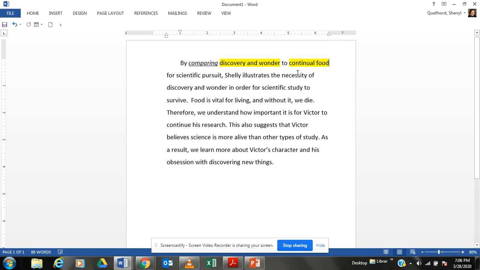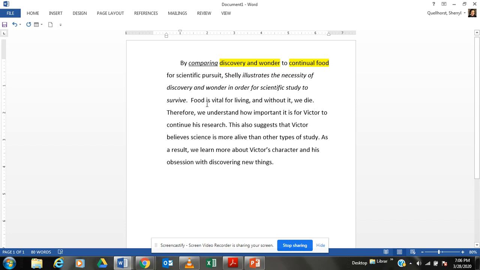You have to list those two things and you have to say why they're being compared. They're being compared to show that discovery and wonder are necessary in order for scientific study to survive.